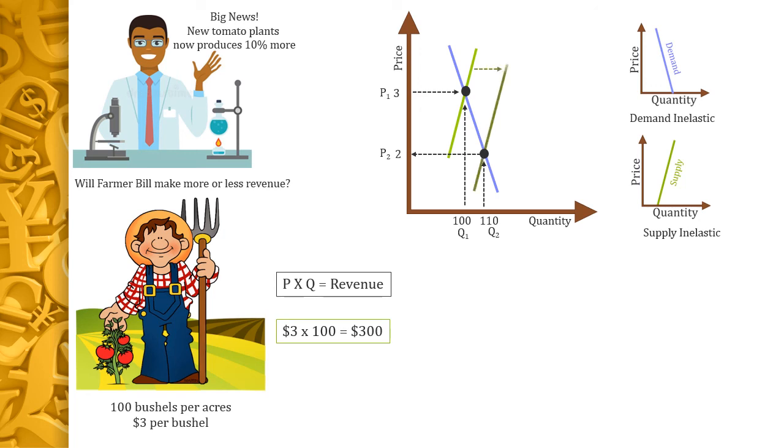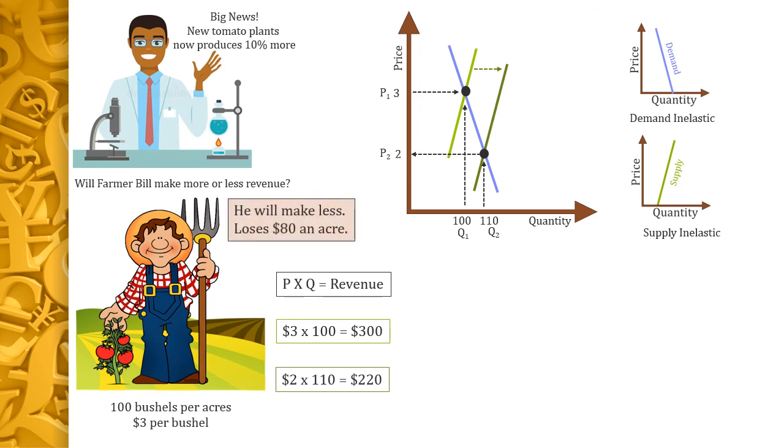Well, we also now know that it's basically going to be a shift to the right for this supply curve. This is really not a very hard question to figure out because now we know it's going to be $2 and he's going to make 110 bushels instead of 100 bushels. And basically the answer is he'll make less. He's going to lose $80 an acre.